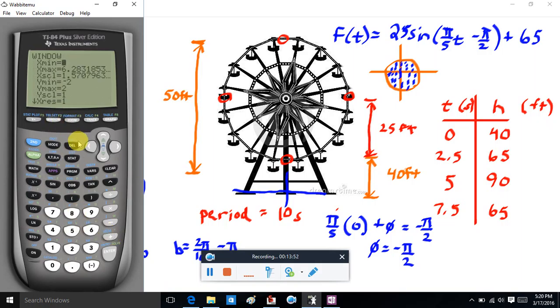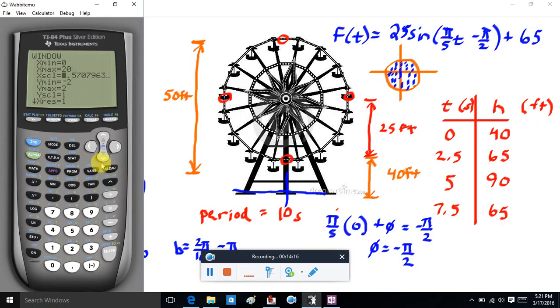So the minimum, this is at time 0, we know that's where the rider is initially here, and then after one period. So why don't we plot 2 periods? Okay. The x scale.